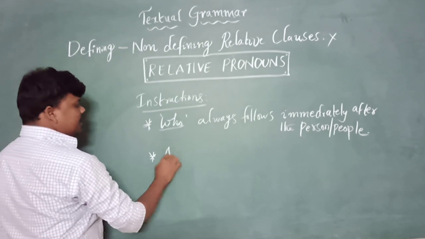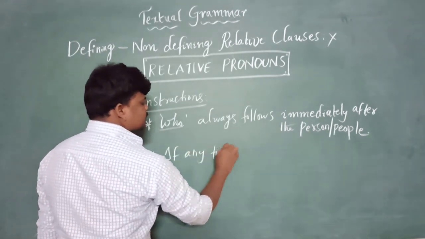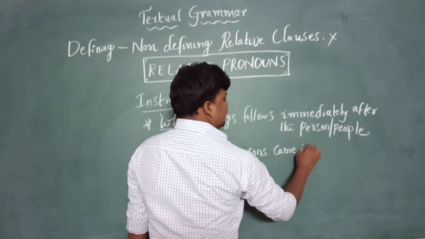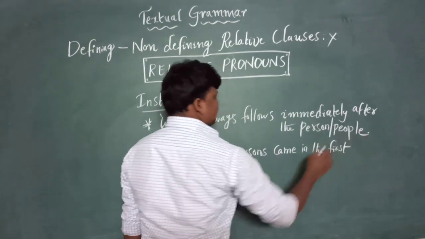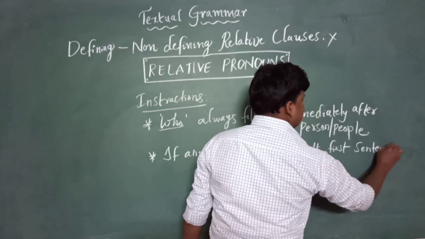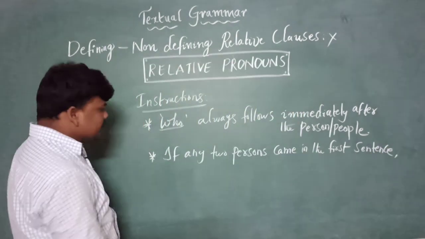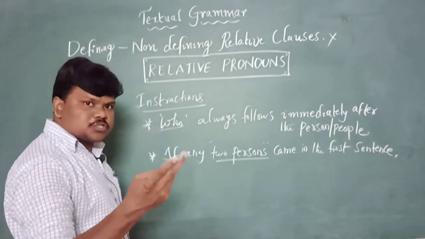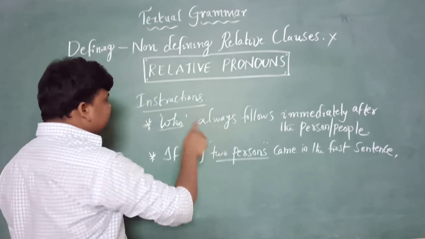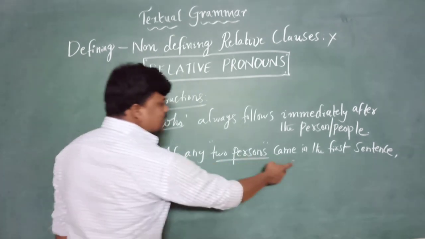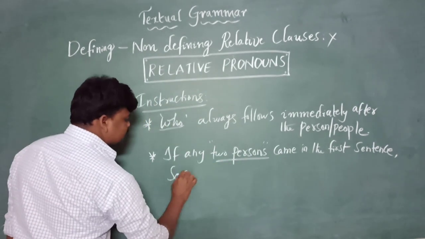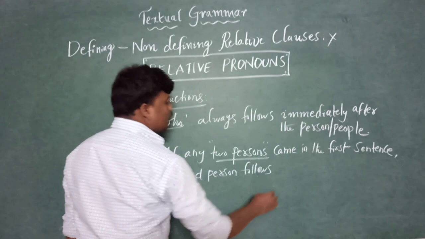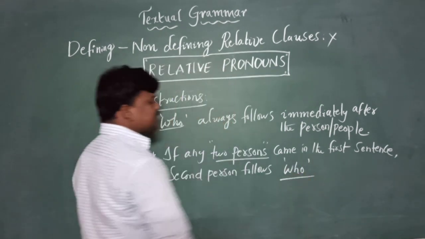If two nouns came in the first sentence, since two sentences will be given and we are asked to combine them with who, which, that, then if two persons are there in the first sentence, the second person follows who immediately.